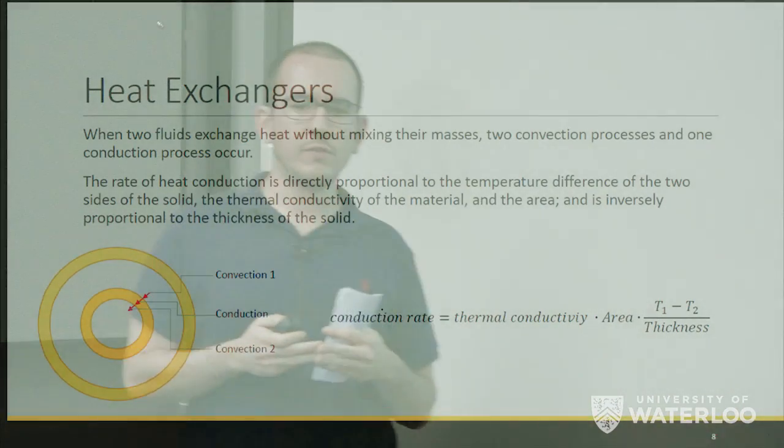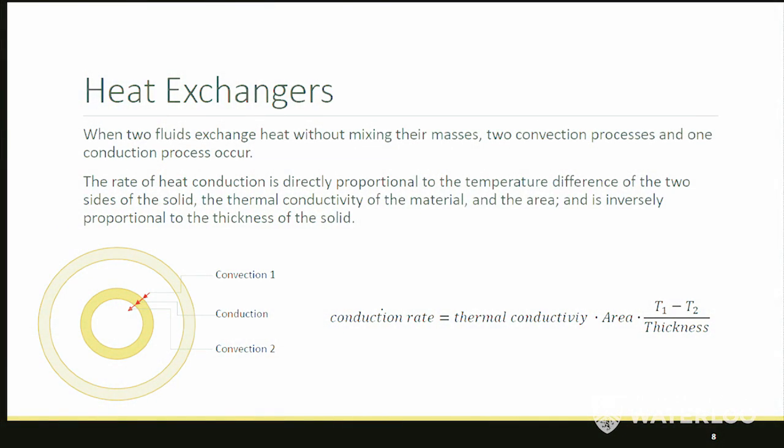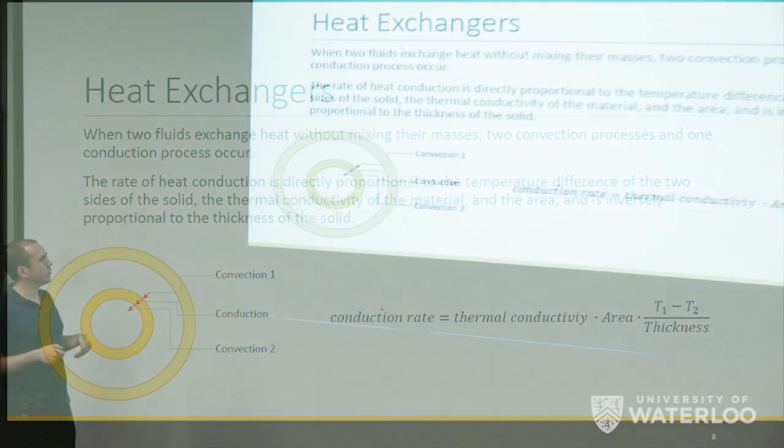Heat exchangers. In a fluid-to-fluid heat exchanger, or any heat exchanger which uses a fluid, it can be solid or liquid or gas, there are always two convection processes and one conduction process. For example, here simulating a double pipe heat exchanger.